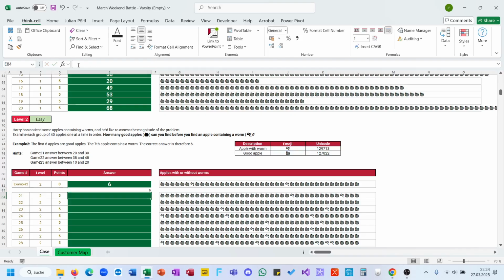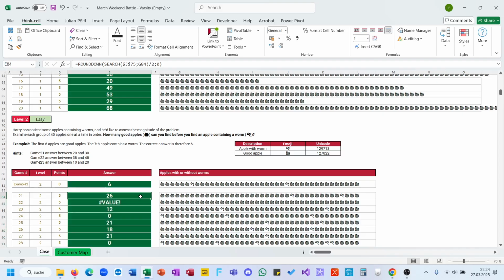Okay, I think it's fine, because it's searching for the first occurrence of the worm, which is after 12 plus 1 apples, and therefore there are 6 good apples in there. Of course I need to make this an absolute reference.